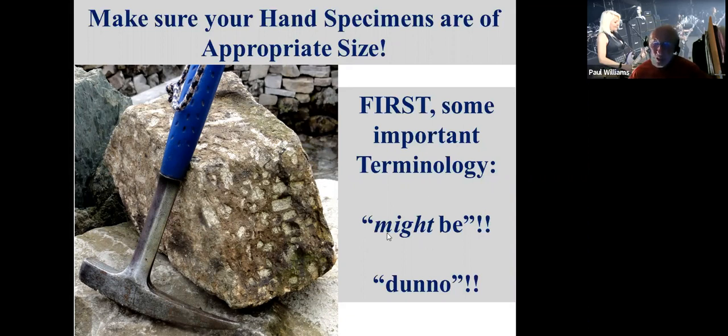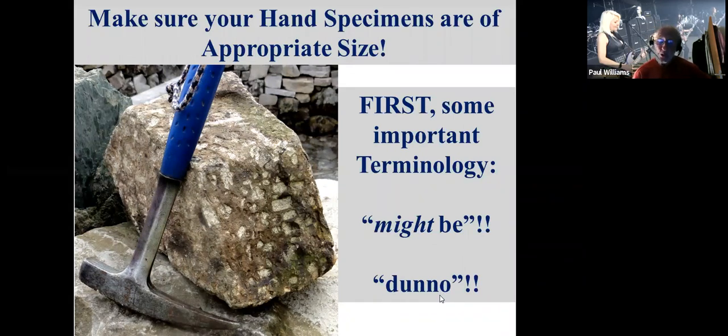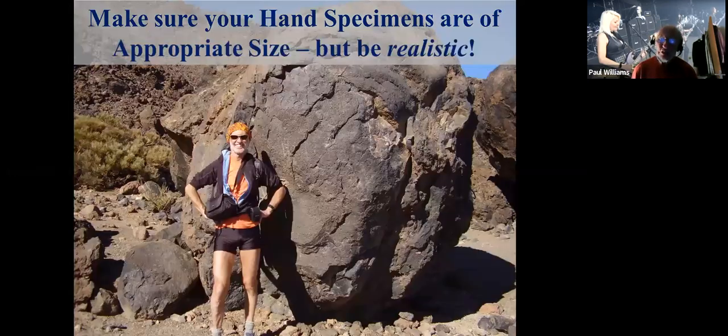The whole question of, well, it might be. This is a very inexact science, trying to identify some of these things in hand specimens. So might be the closest you can get, and dunno is always an option that you might want to fall back on.